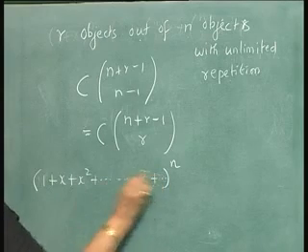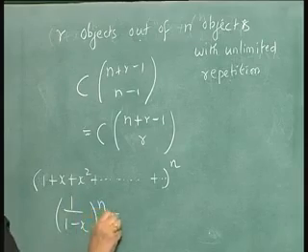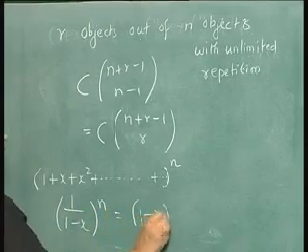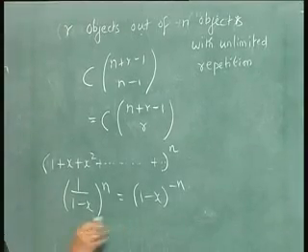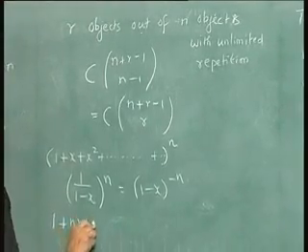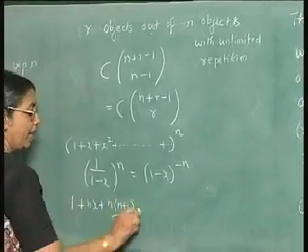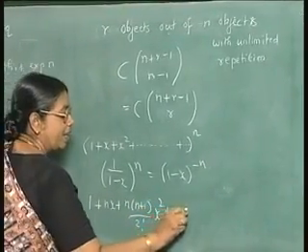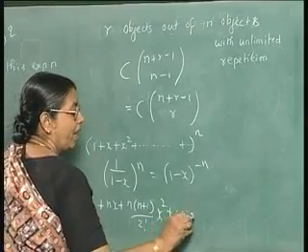The coefficient of x power r will be n(n+1)...(n+r-1)/r factorial, x power r, plus etc. If you expand using the binomial theorem, this will be the expression.